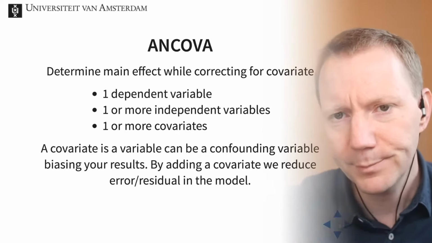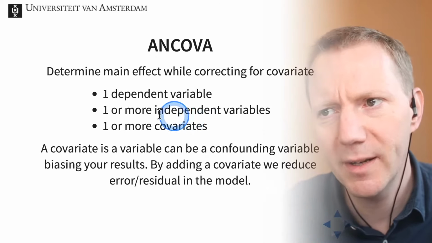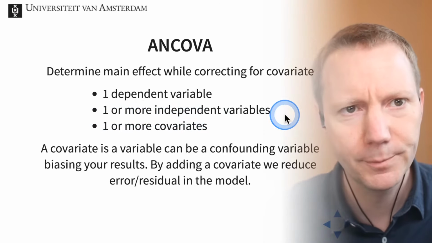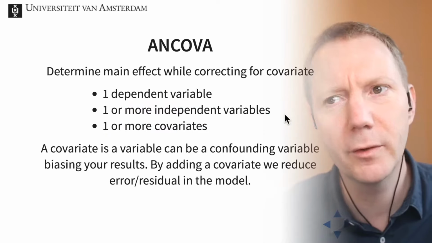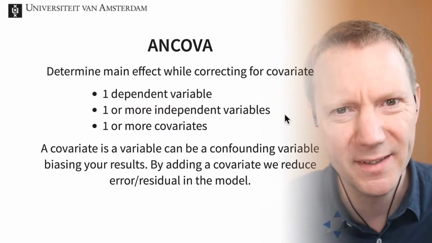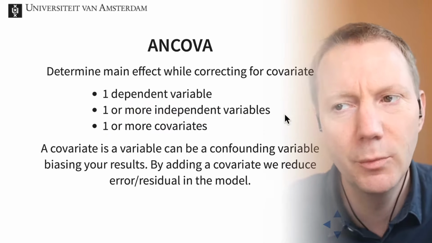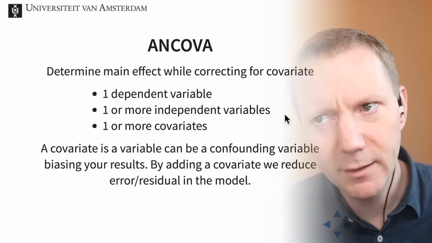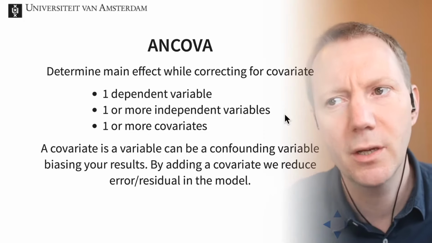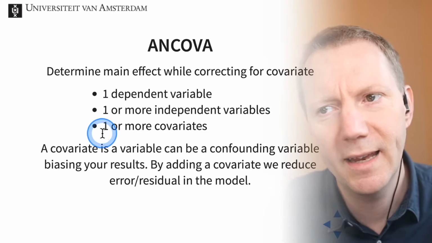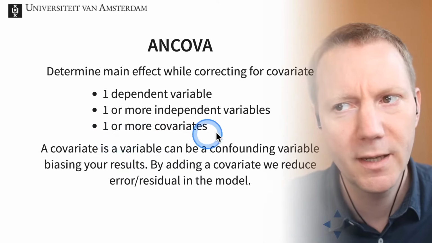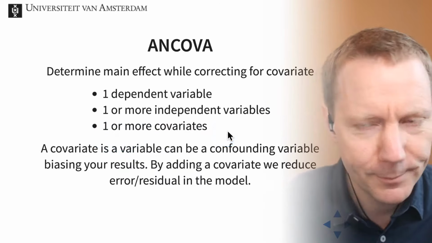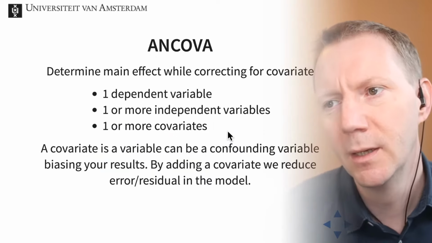You can have one or more independent variables, but we haven't covered more independent variables yet, so we'll be going into this tomorrow in the lecture. For today, I'll do this example based on only one independent variable and adding only one covariate. And as you see, it's also possible to apply more covariates into your analysis.